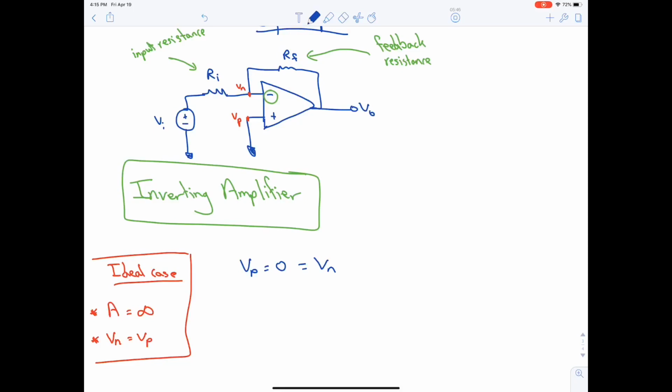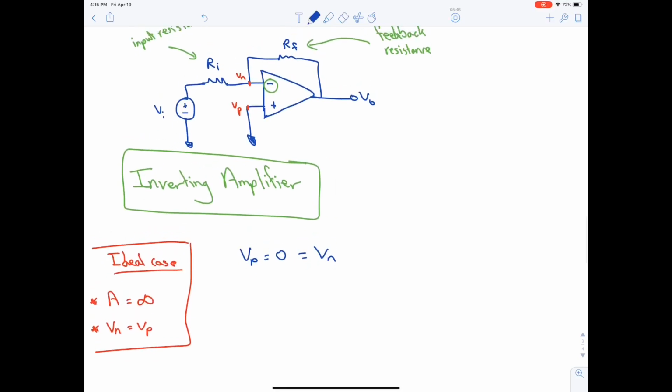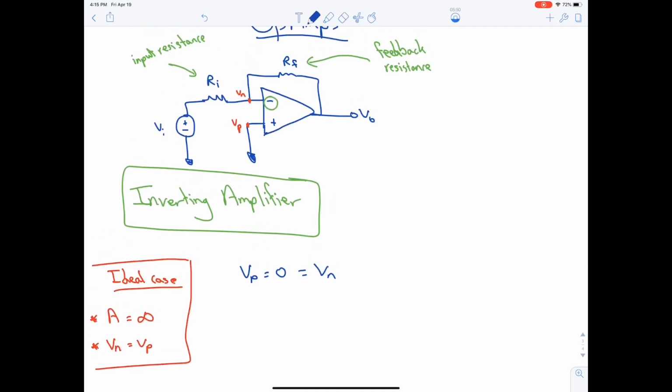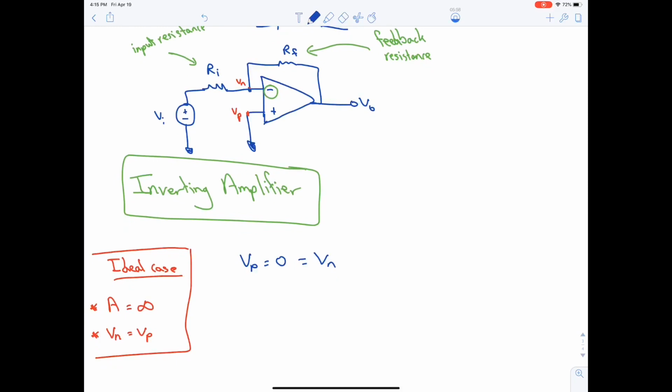Now, after we have analyzed Vn and Vp, we can find V output through nodal analysis. Let's write the nodal analysis at node Vn.